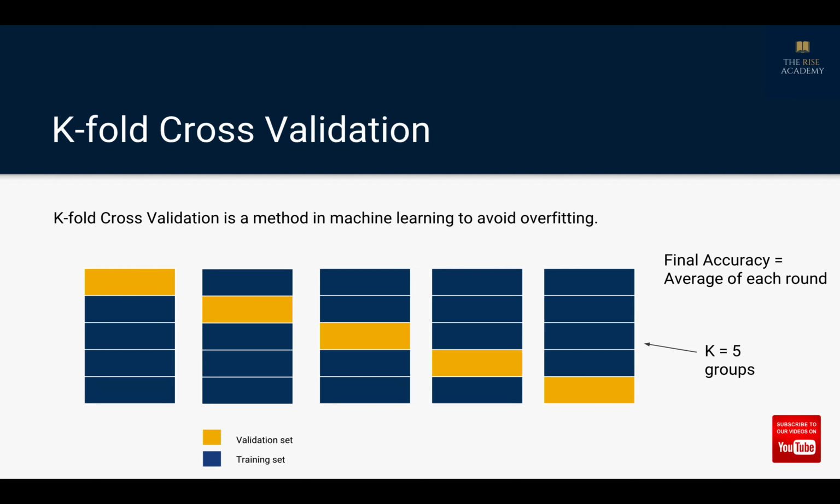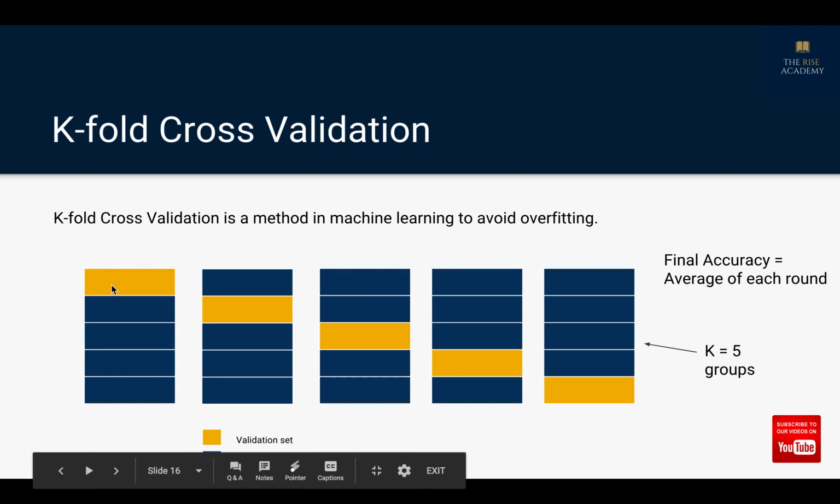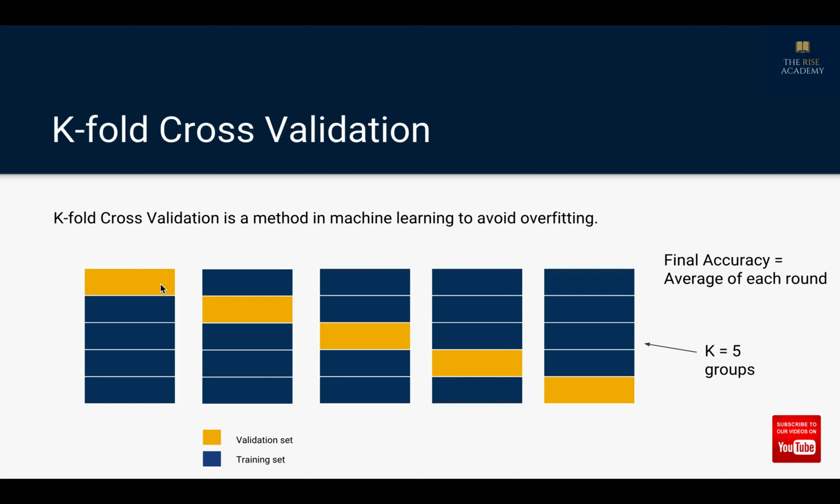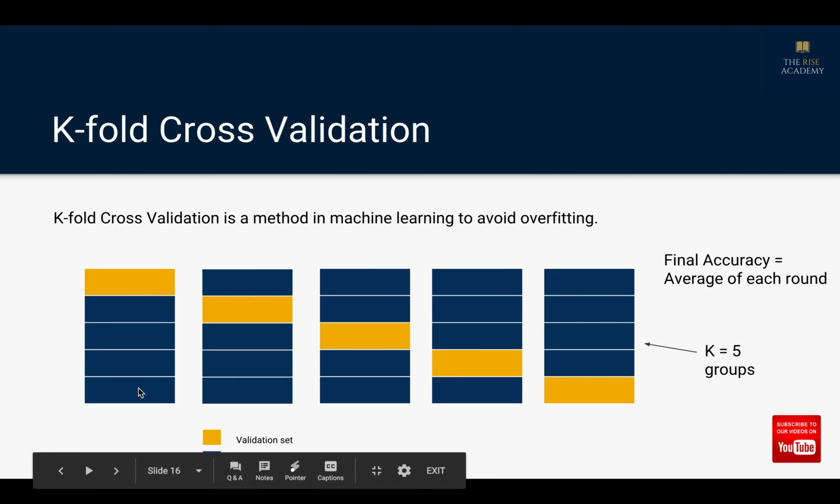So in k-fold cross validation, we divide our entire data into k groups. For example, in this case, we have divided our data into 5 groups. So if we look here, I have 5 groups, and one of them is my validation set, while the remaining are my training sets.